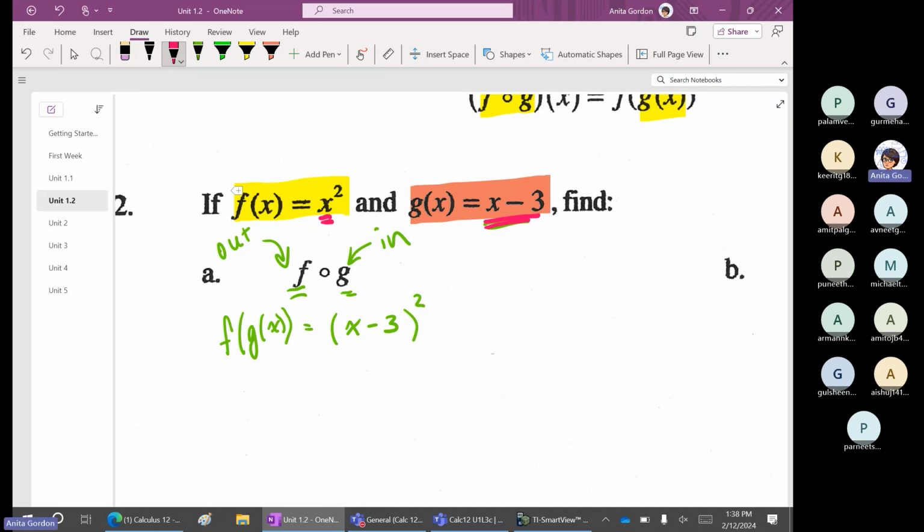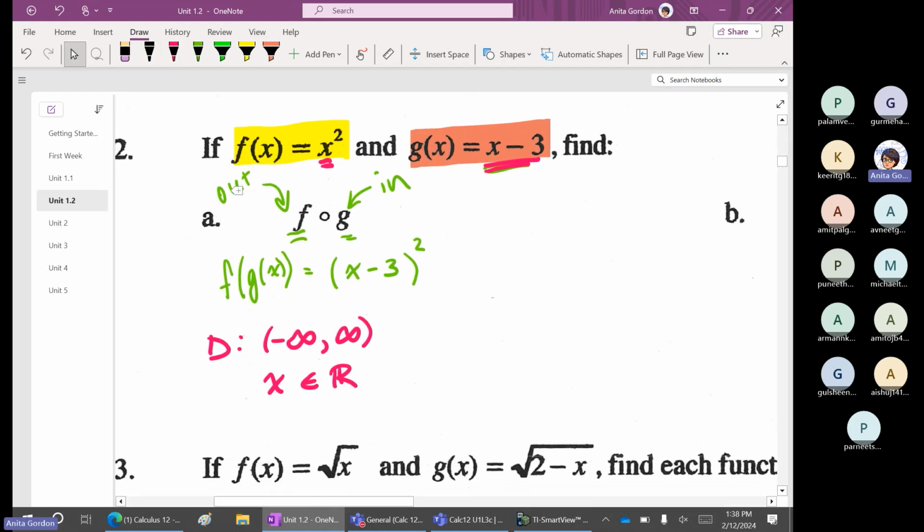Can you tell me what is the domain of this function? Is there any restrictions on x? No. So this can go from negative infinity to positive infinity, or you can say x is all reals. Could you tell me the range of this function? Greater than 0.